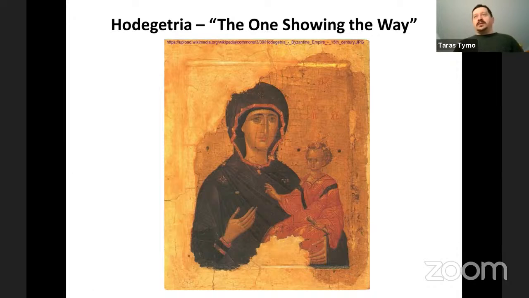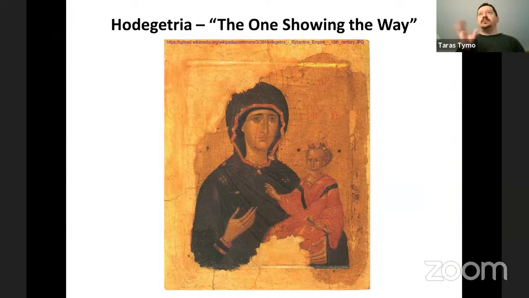That again is a usual attribute of the representation of Mary in this type of hodigitria. This icon is believed to be one of the exemplary Byzantine, most canonical, most conservative representations of hodigitria, but there are many, and this is the most popular iconography type of Mary.